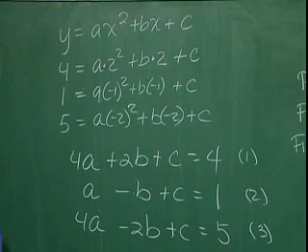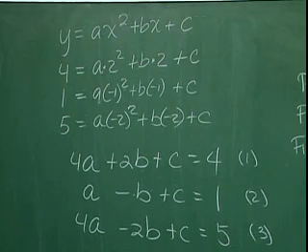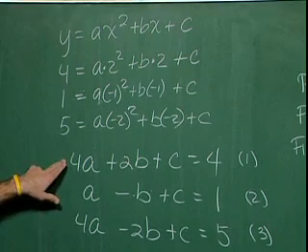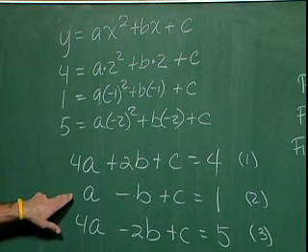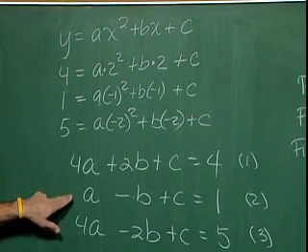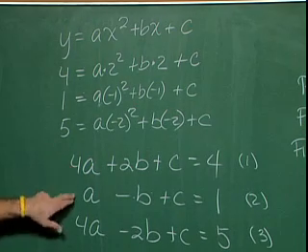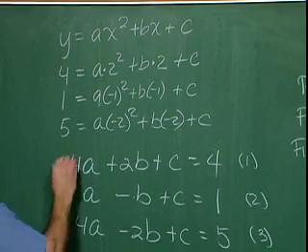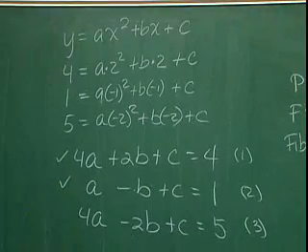Now, we're going to eliminate c first by using equations 1 and 2. And the way I will do that is by simply subtracting equations 1 and 2 from each other.